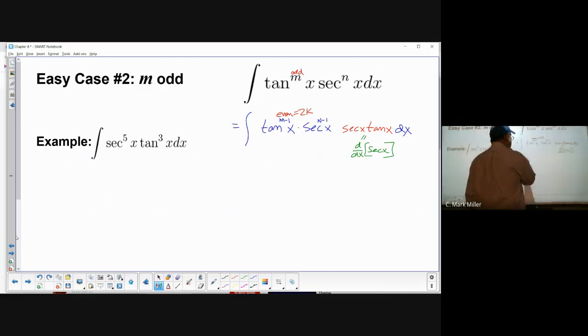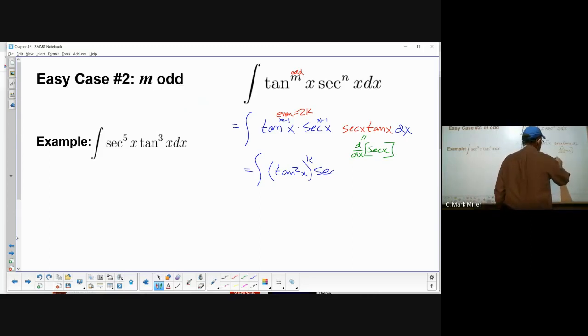Then this is going to be integral tangent squared x to the k power times secant n minus 1 x times secant tan.